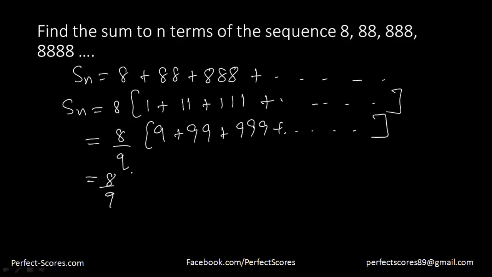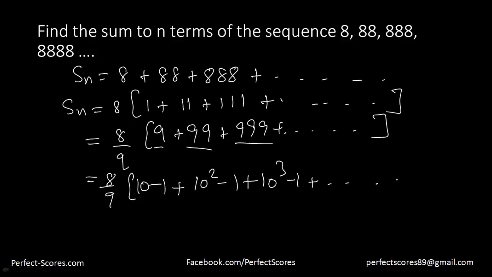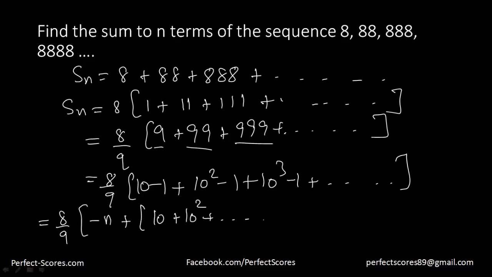So if I multiply by 9 throughout, this is what I'm going to get, and I can say this is equal to 10 minus 1, this is equal to 10 square minus 1, this is equal to 10 to the power 3 minus 1, and so on. So this over here is going to be 8 by 9 times, minus 1 is going to come n times, so it's going to be negative of n. So I can say 8 by 9 into negative n plus 10 plus 10 square all the way till 10 to the power n.